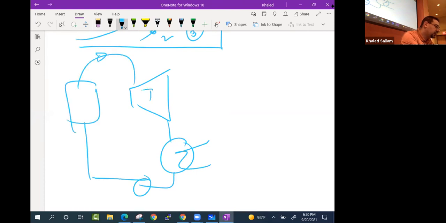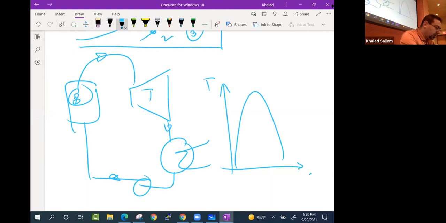So in this Rankine cycle, it's 1 and 2 and 3 and 4.